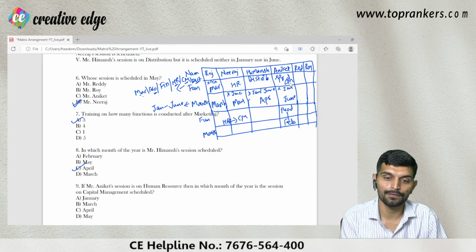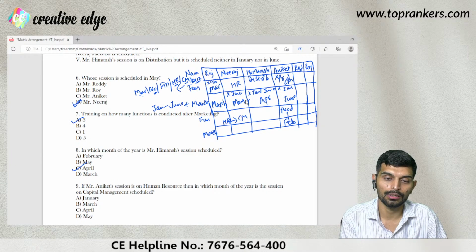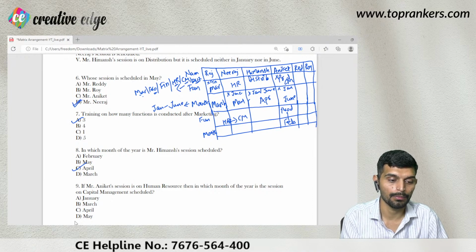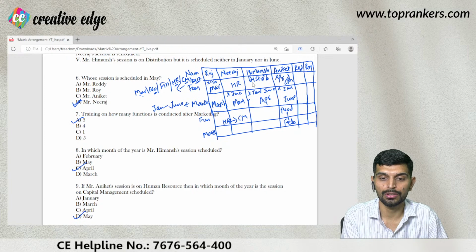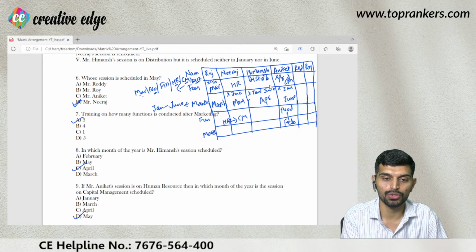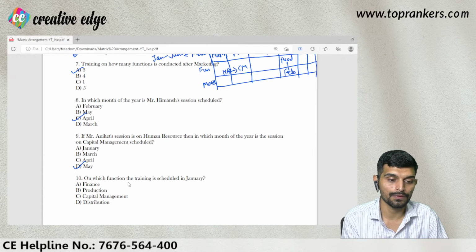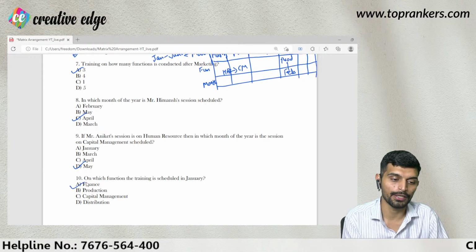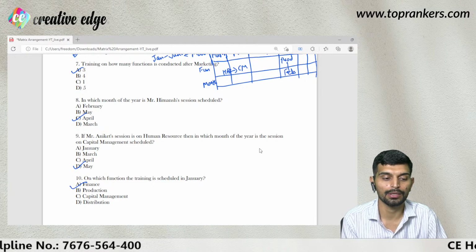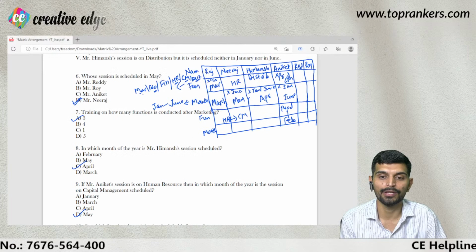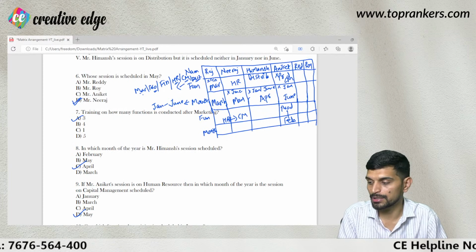If we give Aniket HR, then capital management must be in the month of May. HR and capital management exchange, right? And then the last one, definitely it is finance, that is going to happen in the month of January. Though the structure is not completely developing here, questions can be answered.